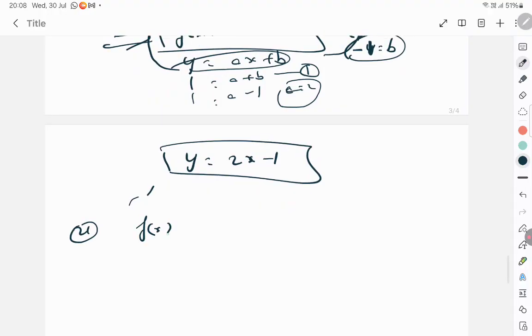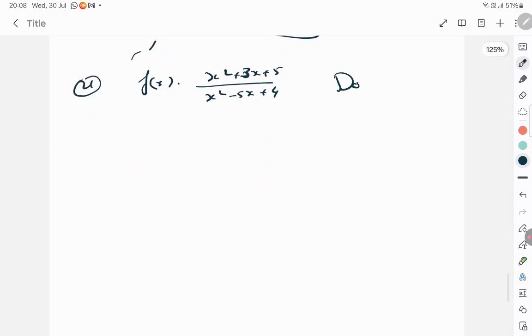You have to find the domain of x square plus 3x plus 5 by x square minus 5x plus 4. Luckily they've asked me only the domain, they didn't ask me for the range. I am escaping from a big problem. So then factorize this denominator.